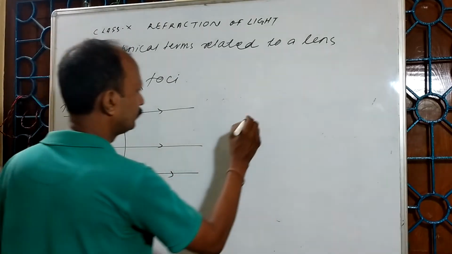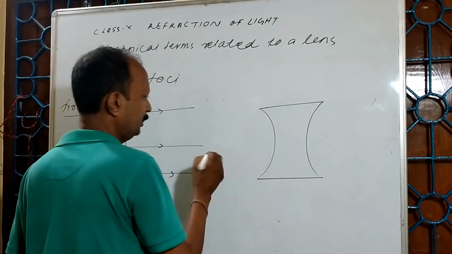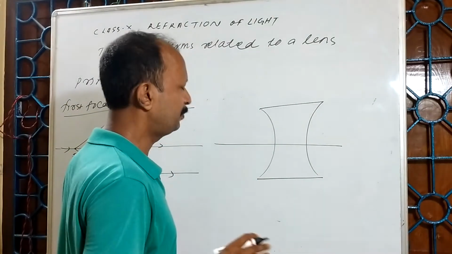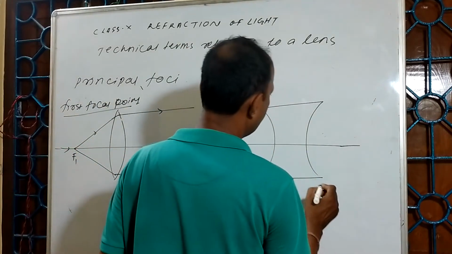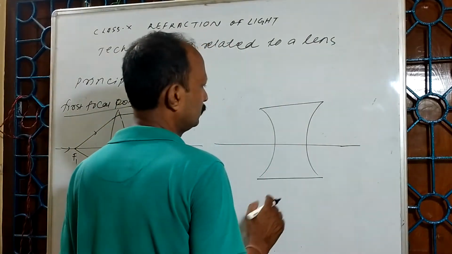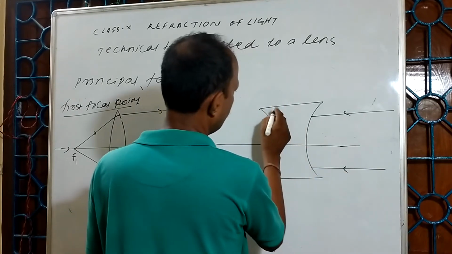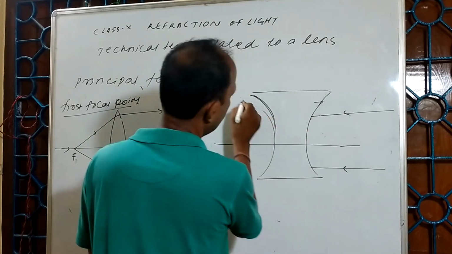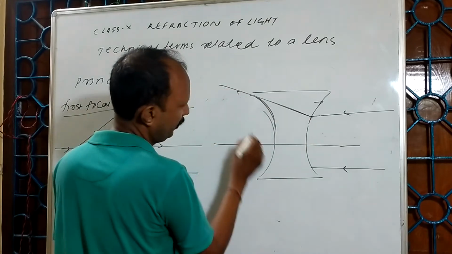If it is a biconcave lens, then it is different. In case of the biconcave lens, F1 will come this side. How? You see that? These are the light rays. The light rays come, they deviate.